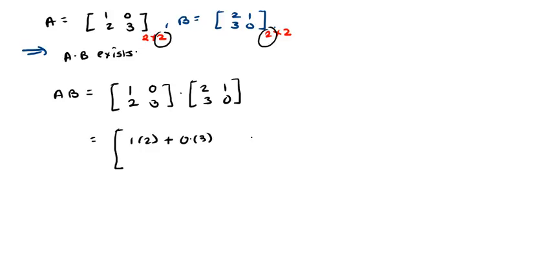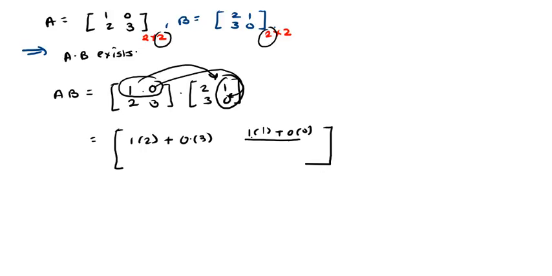Now this entry will be the first row again but the second column. So this will be 1 into 1, plus 0 into 0. So we are done. Now think about this entry.